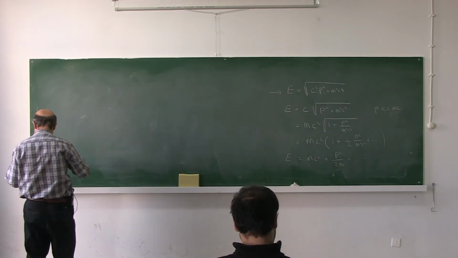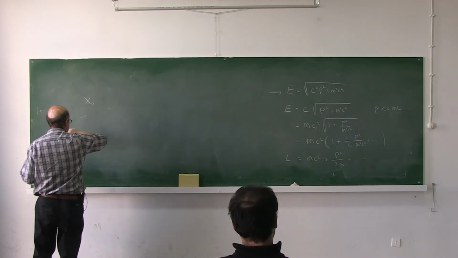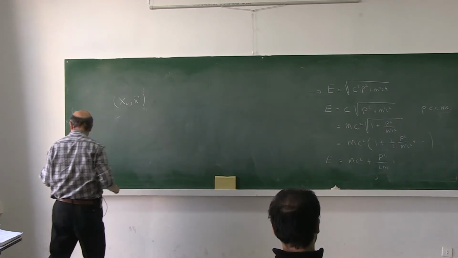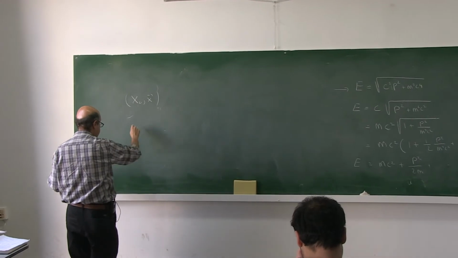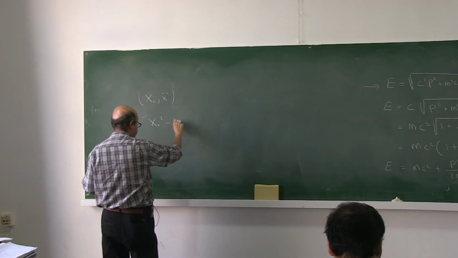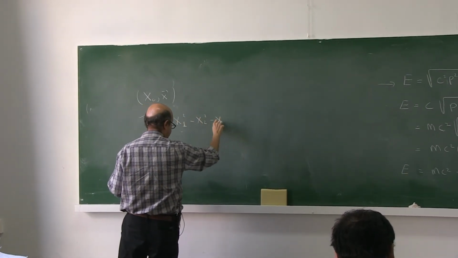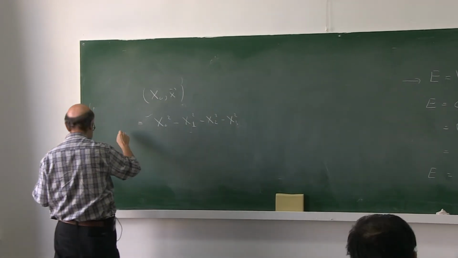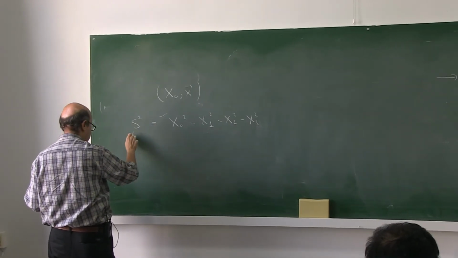So basically, if you have a 4 vector x, you can look at the magnitude we did: x0 square minus x1 square, x2 square, x3 square, and let's call this s square, and we know that this is invariant.